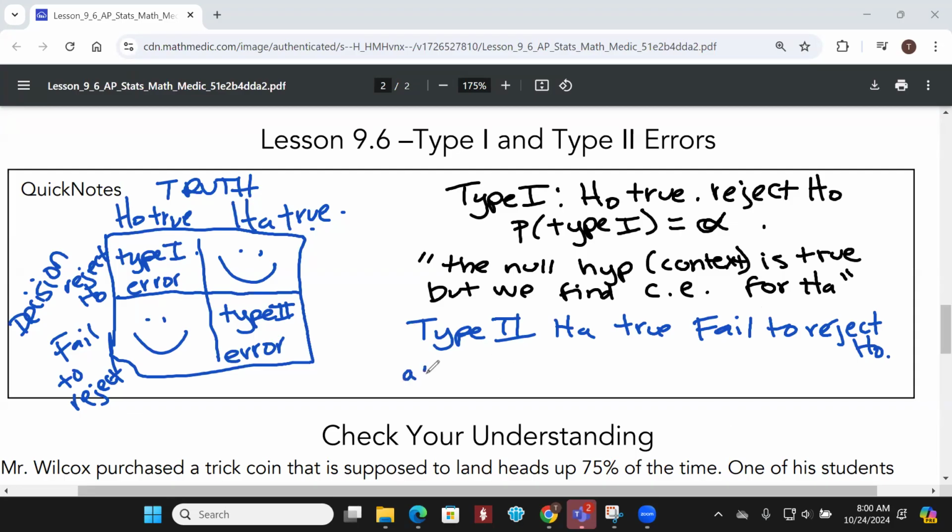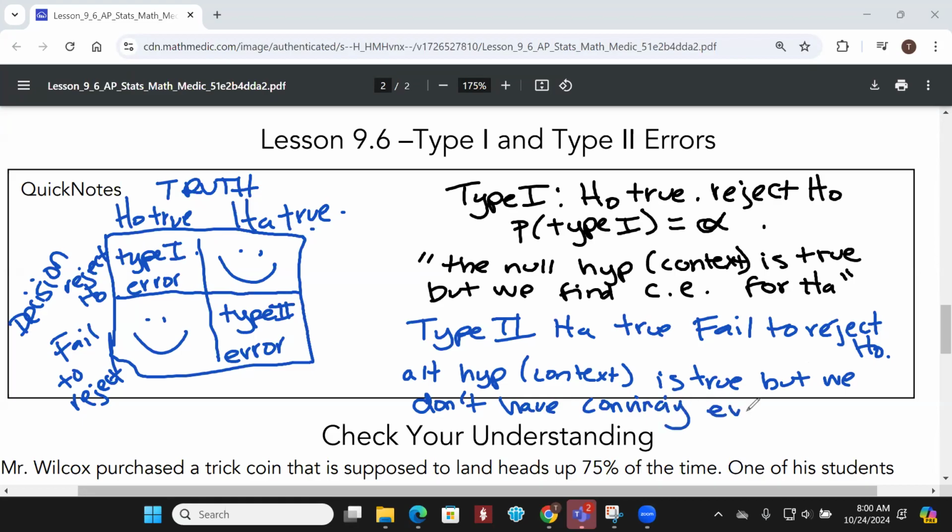So the alternative hypothesis is true in context, but we don't have convincing evidence for HA.